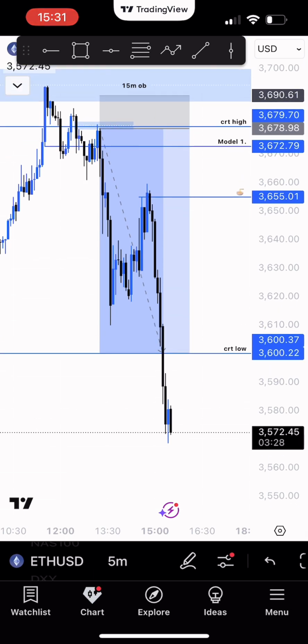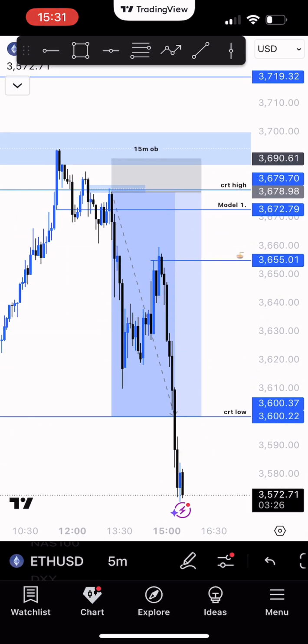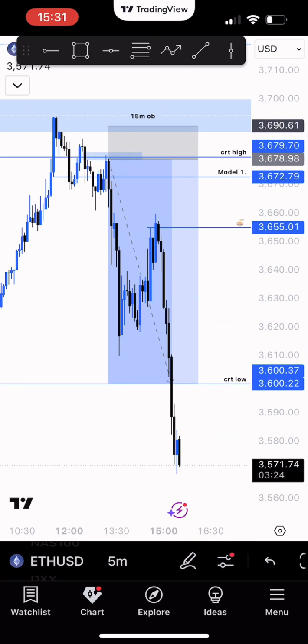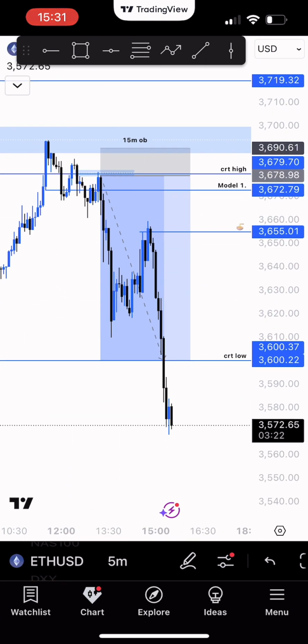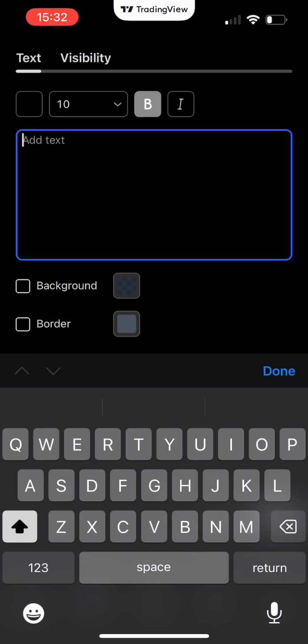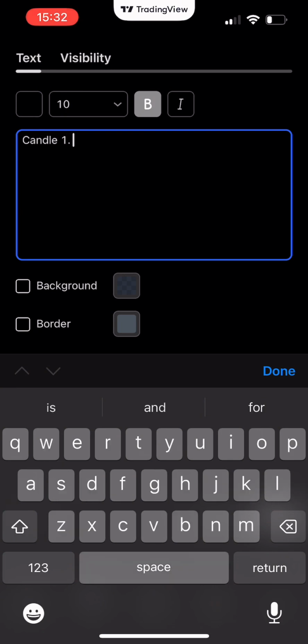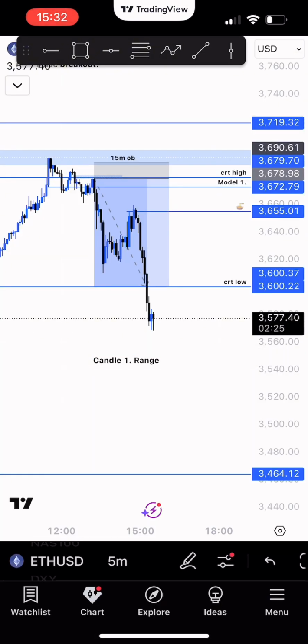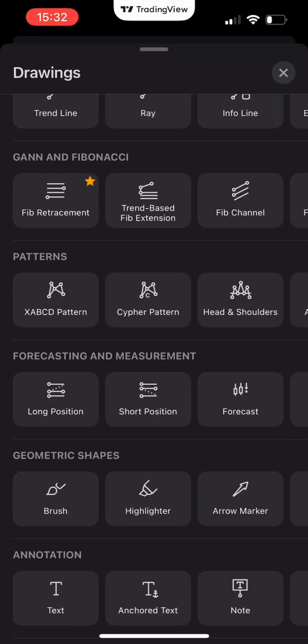So there's always another opportunity to catch another entry. Kiss of death, turtle soup. There will always be a final turtle soup before we dump to the target.